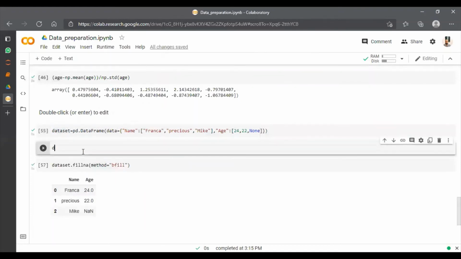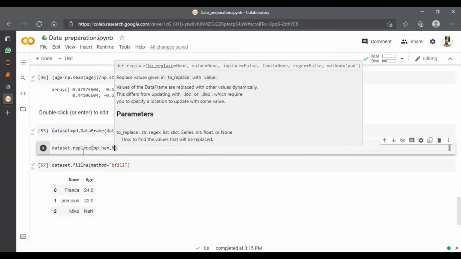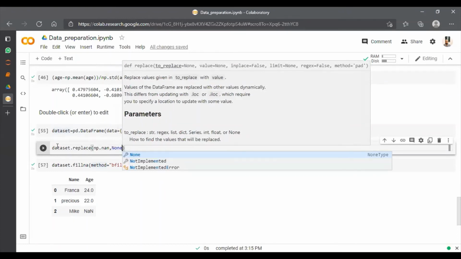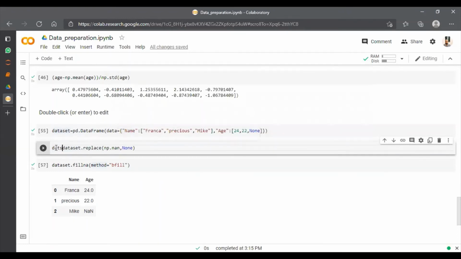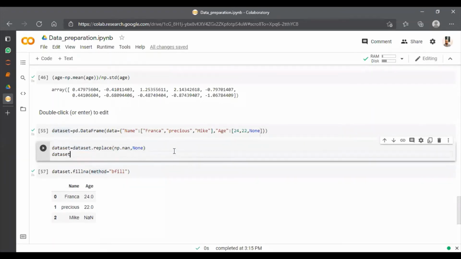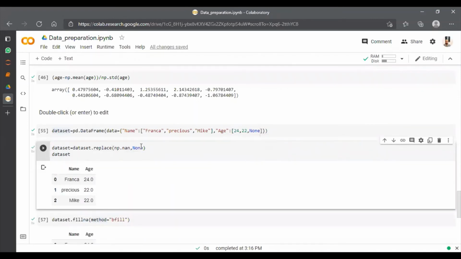We should replace the none with none, np.none, so we are going to replace it as none. So it's going to be represented as none instead of none. Do you understand that?